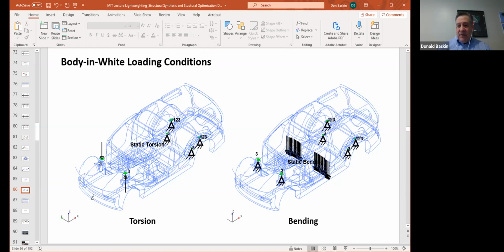Okay, there are a couple other important global loading conditions that are simulated on body structures. For simplicity here, I didn't go through all of them. Another one that's important to think about is the local stiffness at the suspension mounting points. There's a lot of work done to make sure that where the suspension control arms and springs and shocks go into the body structure, those areas are locally very stiff.